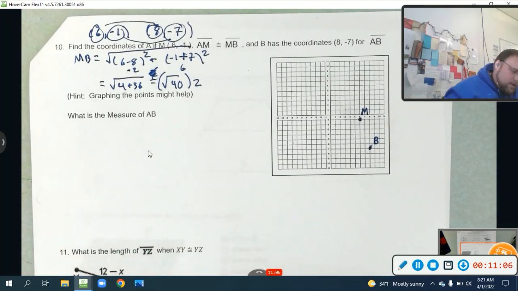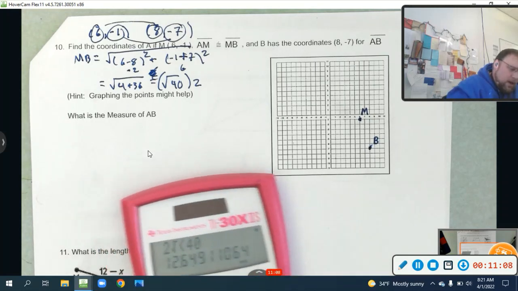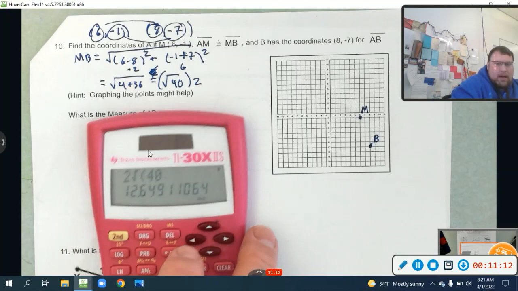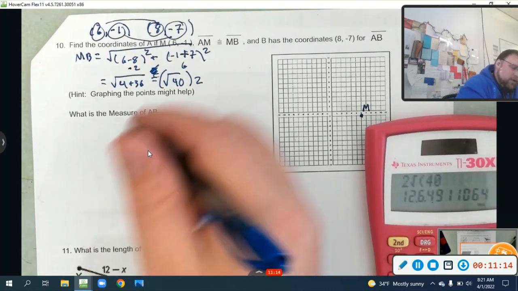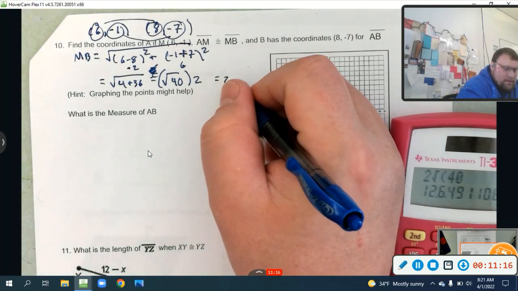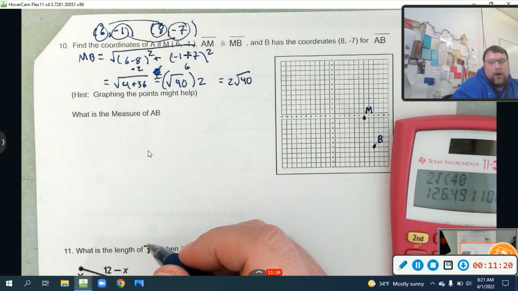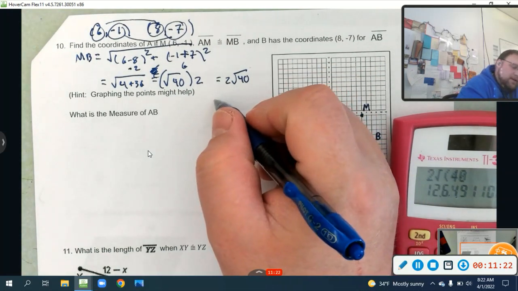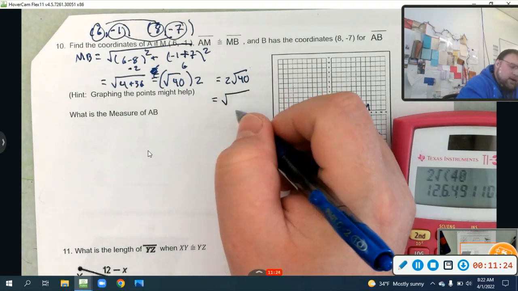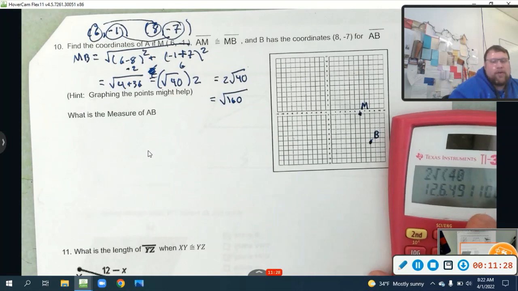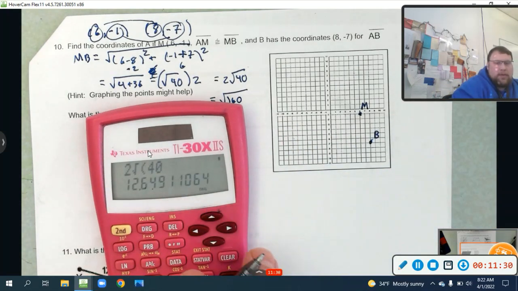What is the measure of AB? Oh! I guess we could just leave it 2 square root 40. Which would also, just so you know, be the same as square root of 160. But that's a different story for a different day. Or you could estimate it to be about 12.6.